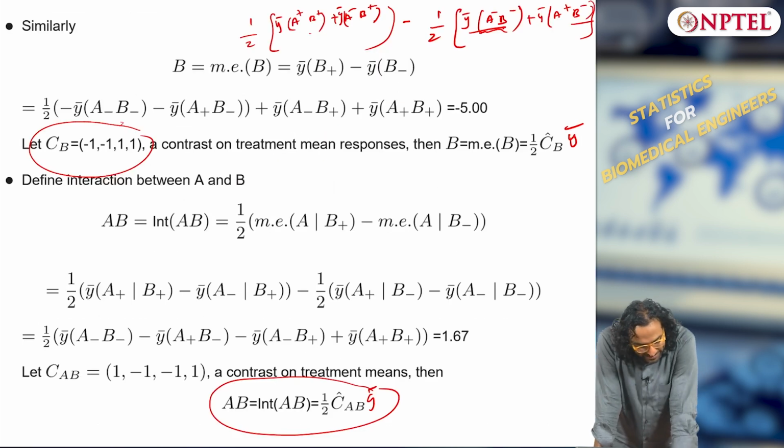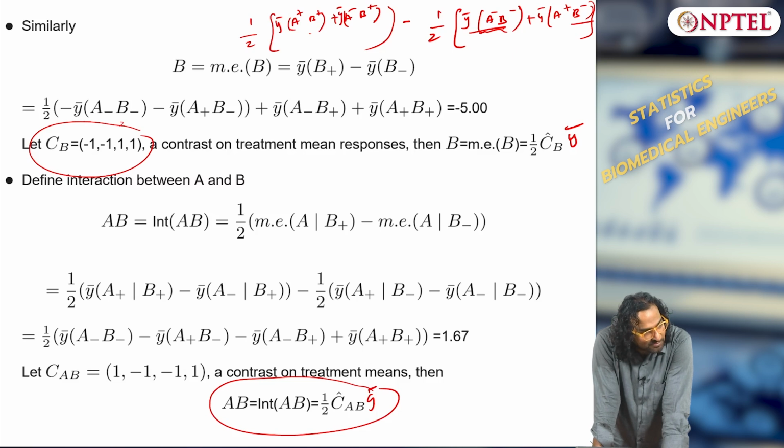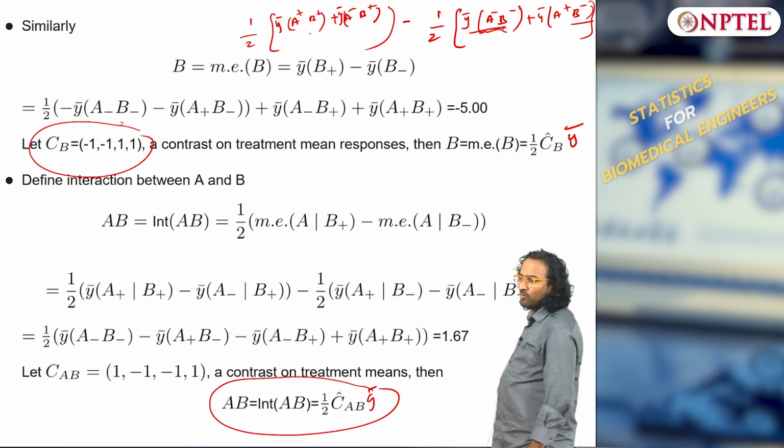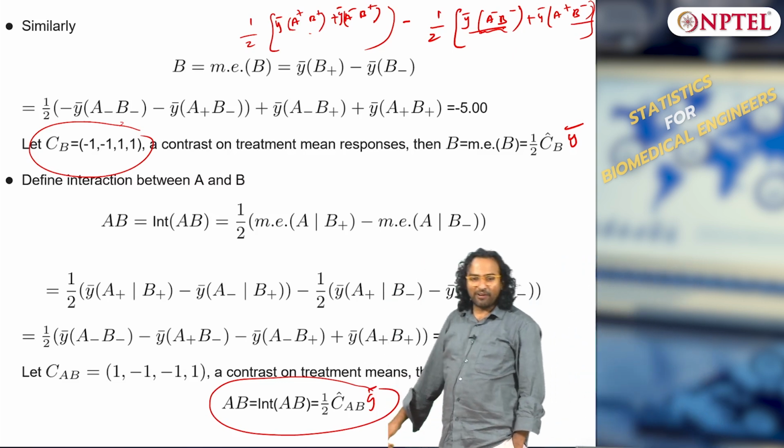So how do I write interactions? How do I write the interaction of AB? Is this different from what we learned? How did we do interactions? A plus B plus minus A minus B minus, divided by 2. But how are we defining interaction here?